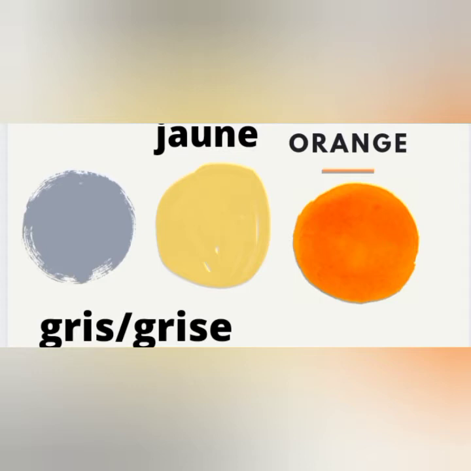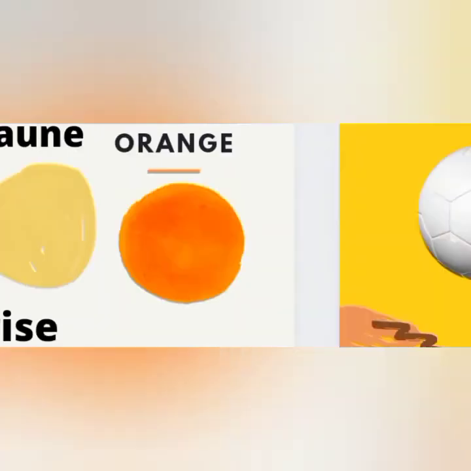The gray is pronounced gris, and the S is silent. Then let's take a look at yellow. What is yellow called in French? Jaune. Then orange is called orange. Très bien. Okay.